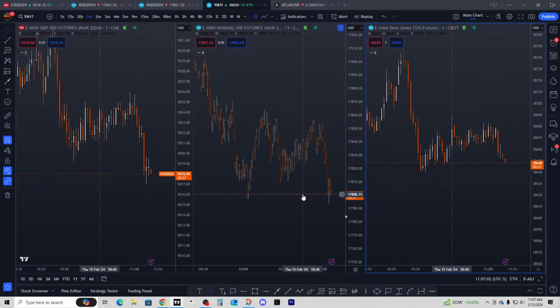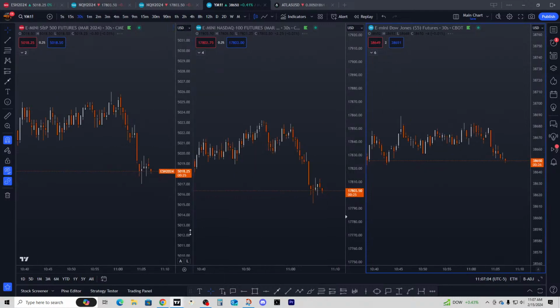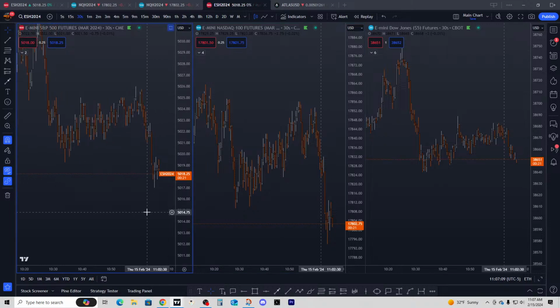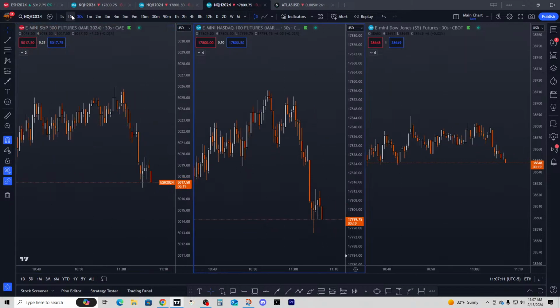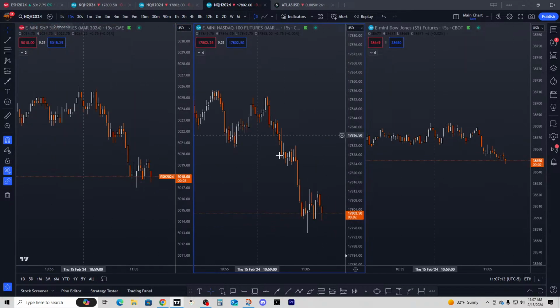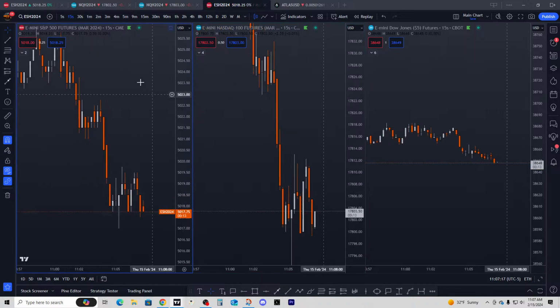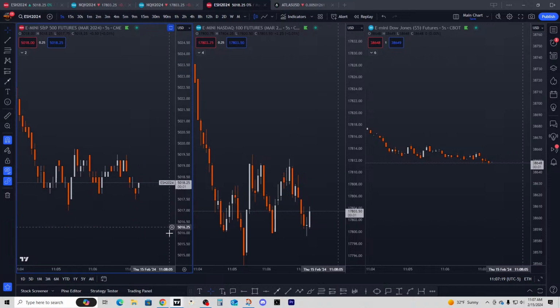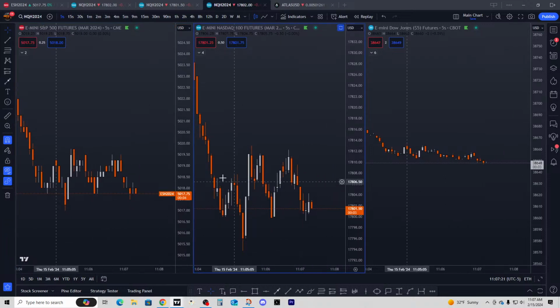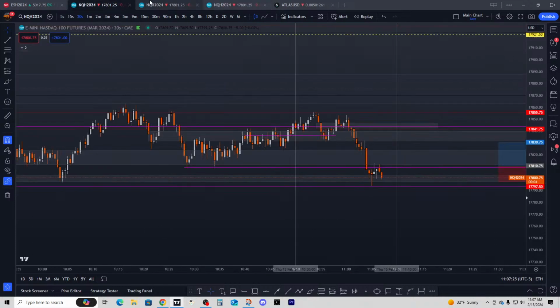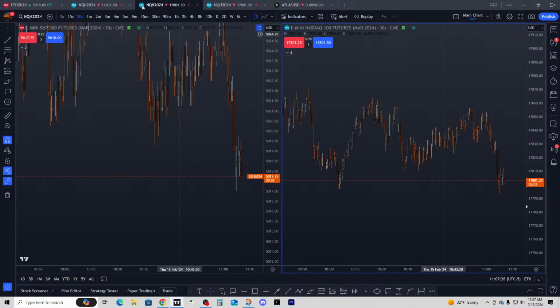Usually when liquidity's taken to the downside like this, I want to go long, but the narrative ain't long yet. This inverse is 15-second. I'd say we're going to go short, but we'll see.